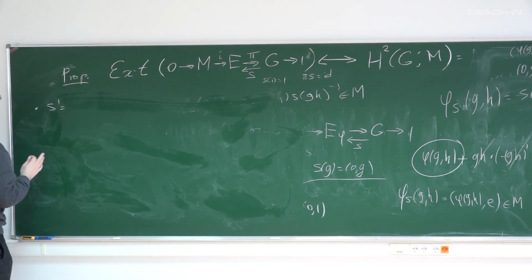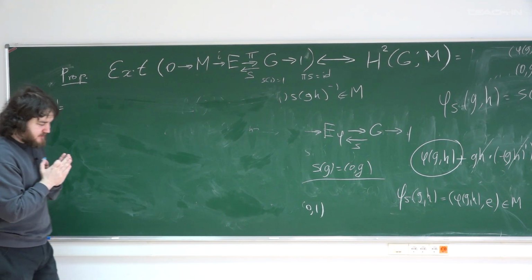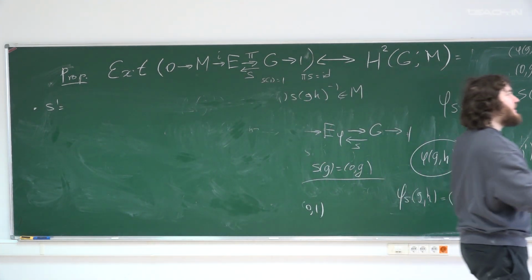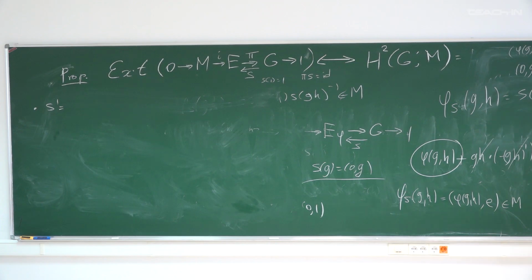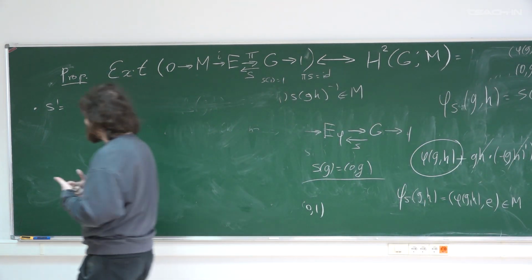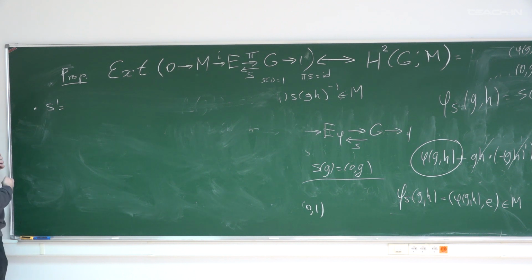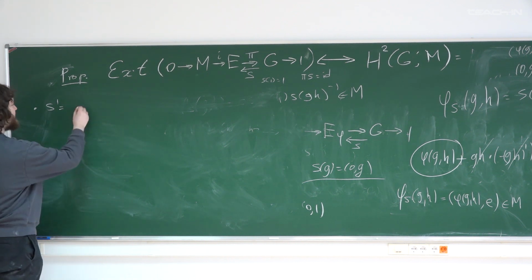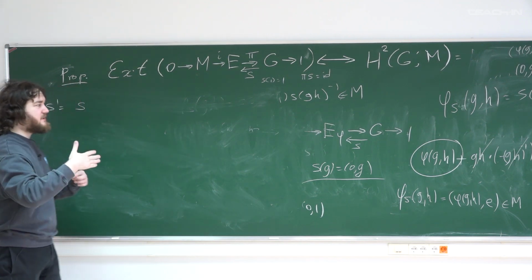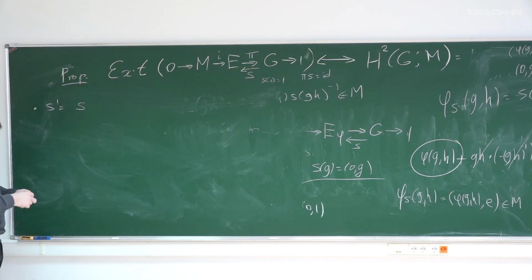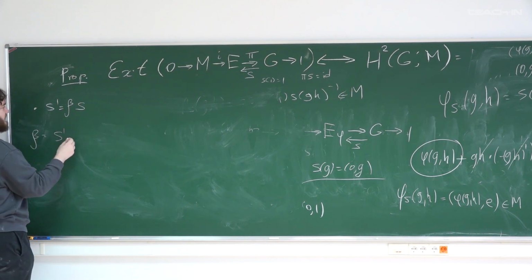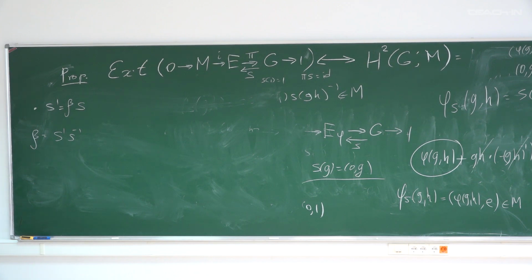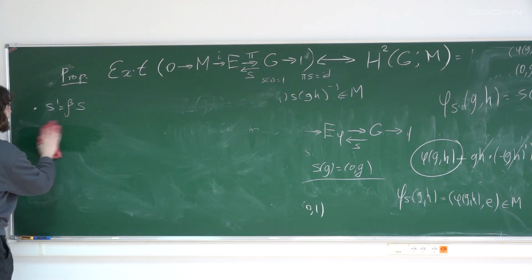Because these are two sections, there are two functions with values in group E. Of course, any two functions with values in some group differ by some function with values in this group. Do you agree? I can just define this by this equation, okay? This is the definition of beta, just the difference between them.